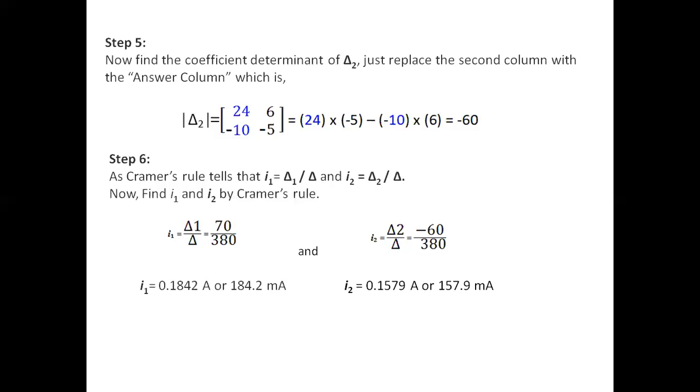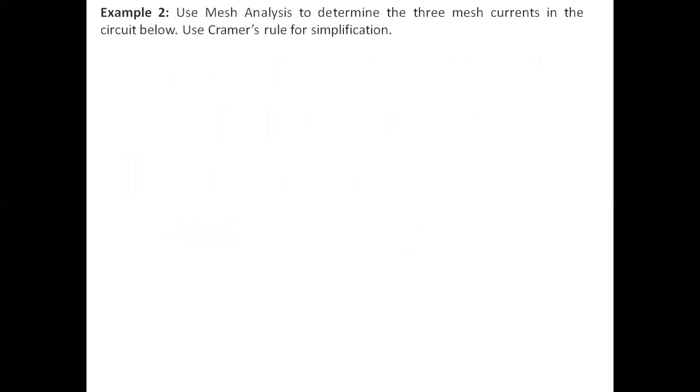Similarly, we'll take another example for the 3 mesh. Okay, now we'll see. You see here, use mesh analysis to determine 3 mesh currents in the circuit below. Use Cramer's rule for simplification. Sometimes they may ask to use this special method, Cramer's method, for simplification.